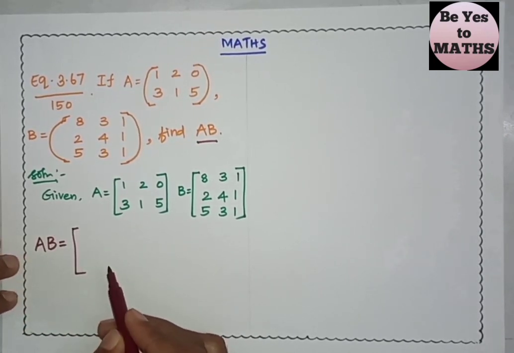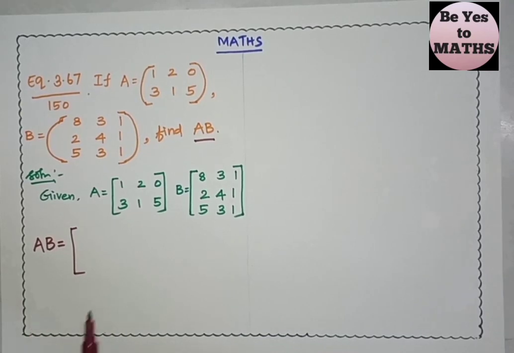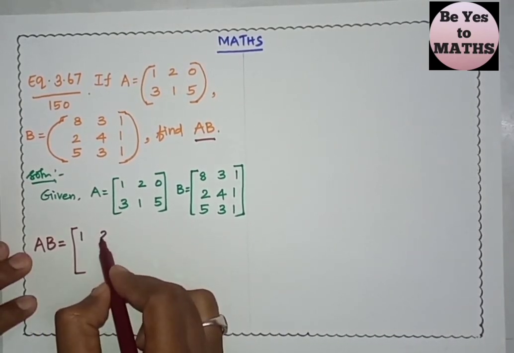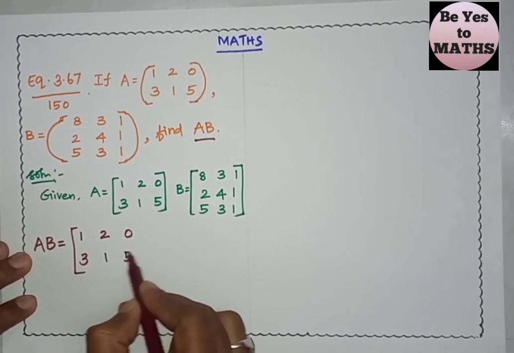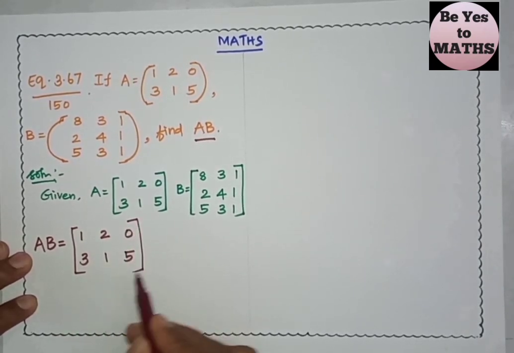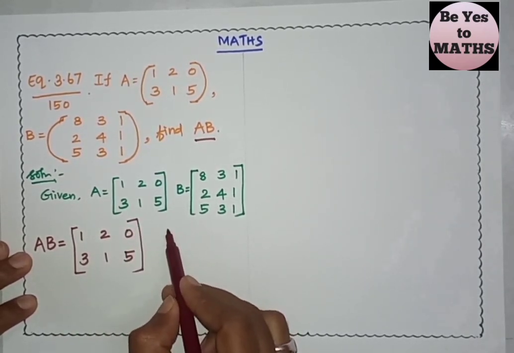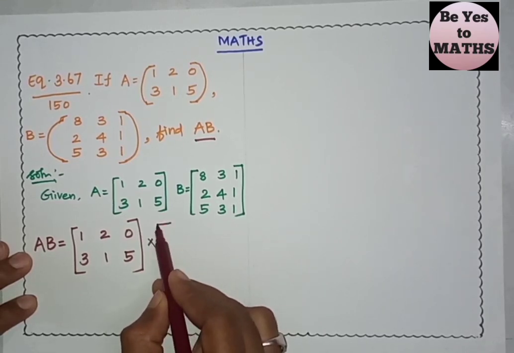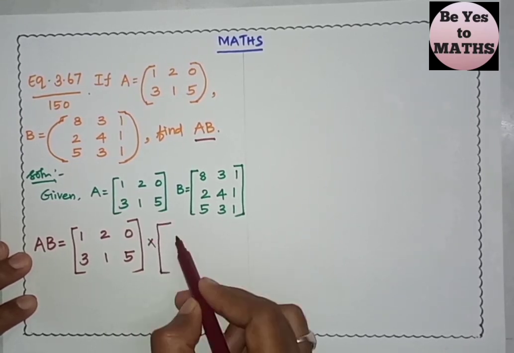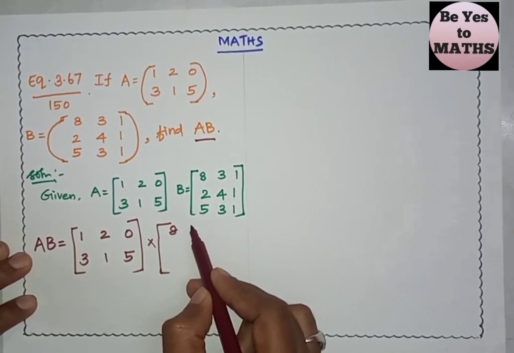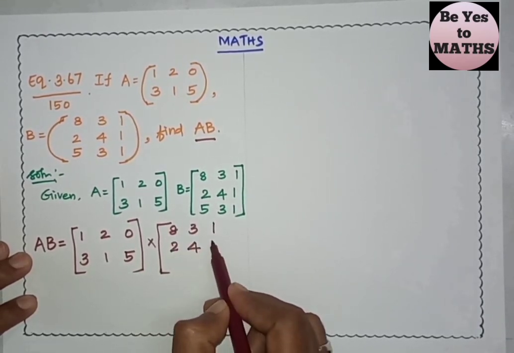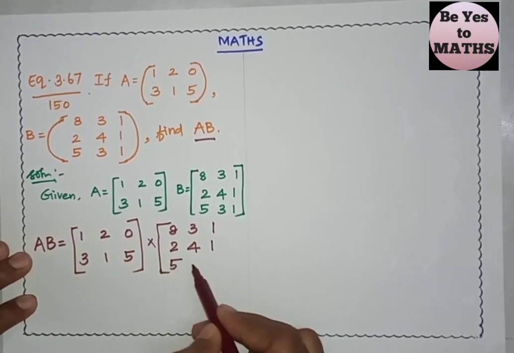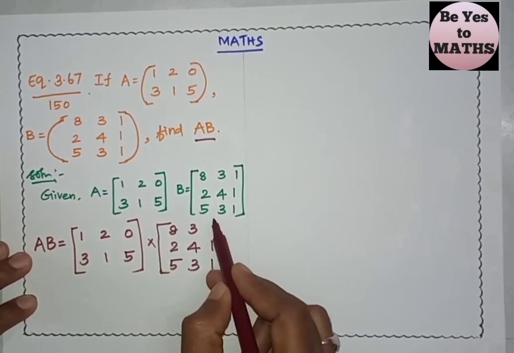We'll write matrix A, that is [1 2 0; 3 1 5]. B matrix is [8 3 1; 2 4 1; 5 3 1].